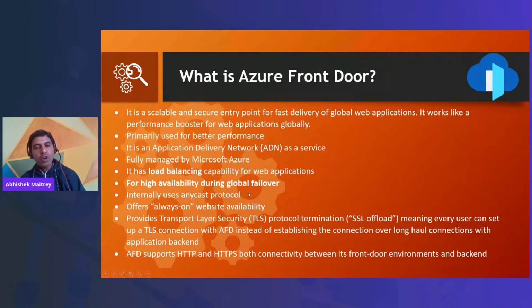The main purpose of Front Door is, when your particular service is failing, how soon you can mitigate that issue with another standby web application, so that your failover will not take much time. You can come out of that failure situation.